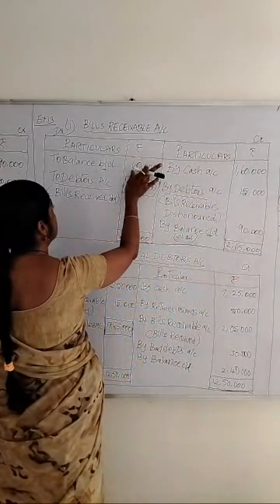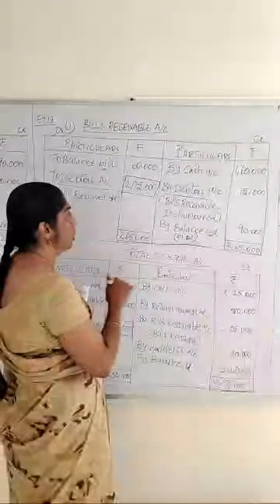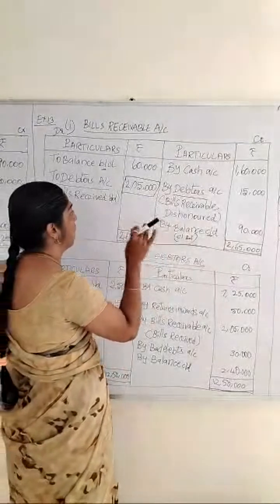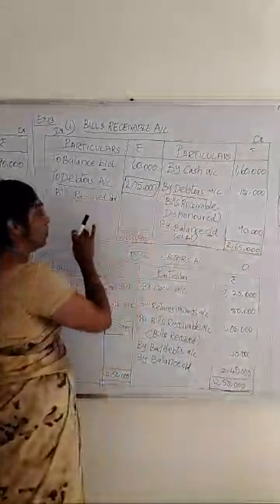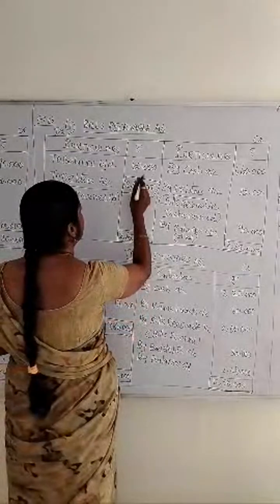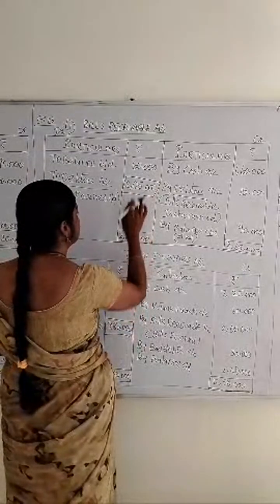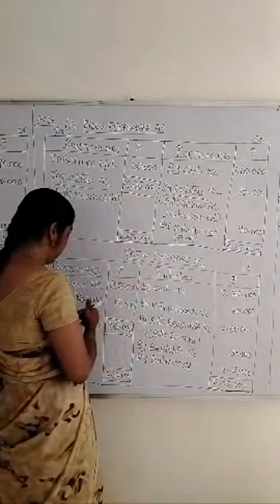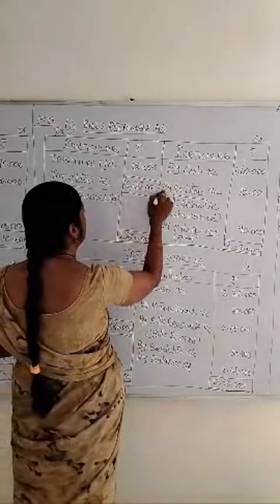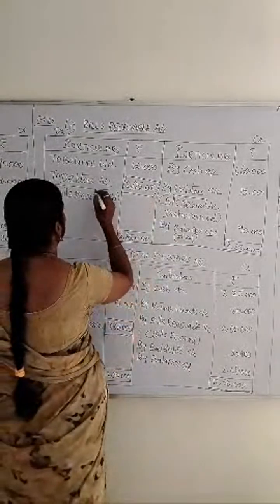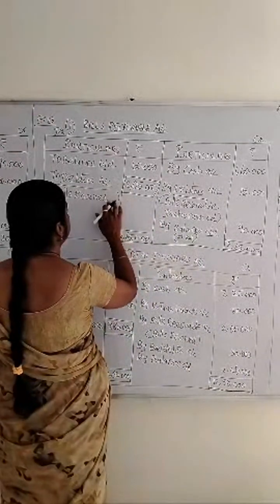The debit side value is 60,000. We subtract that 60,000 from the total 2,65,000, and you will get 2,05,000 rupees. This 2,05,000 rupees is the bills receivable received from total debtors account. This is the balancing figure.